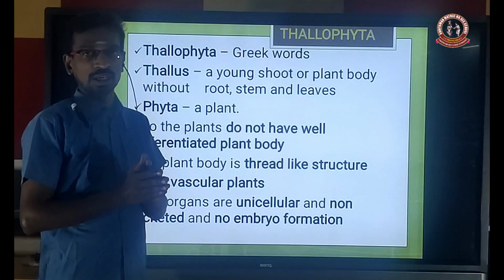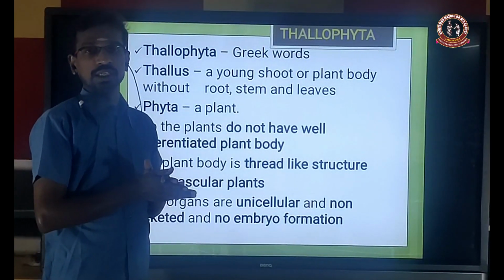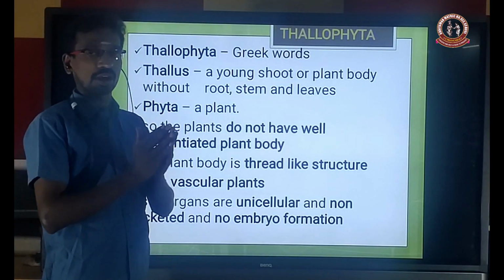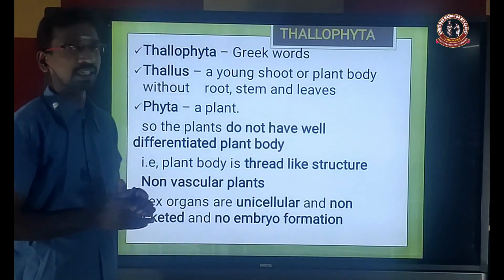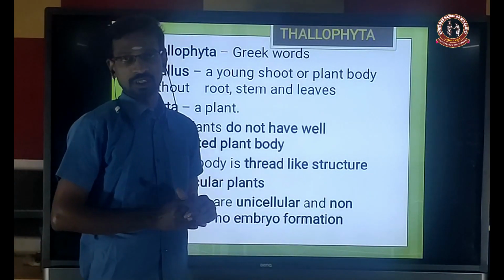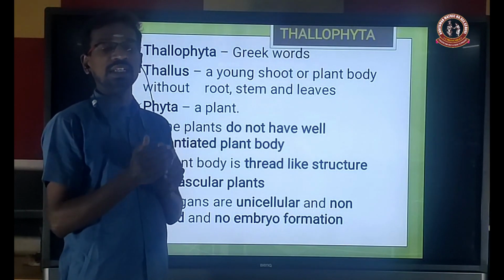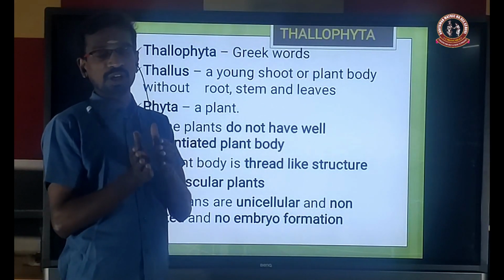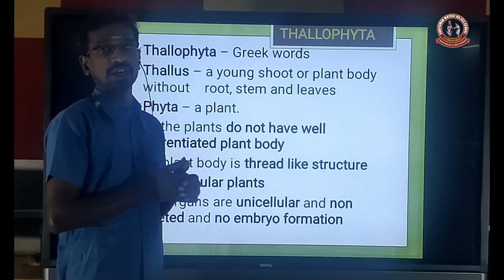But in Thallophyta, which we can mostly consider as algae, the sex organ is not protected by a covering. In algae there is no embryo formation, but in Bryophytes embryo formation occurs. That's why Bryophyta come under the embryophyta, but algae do not.